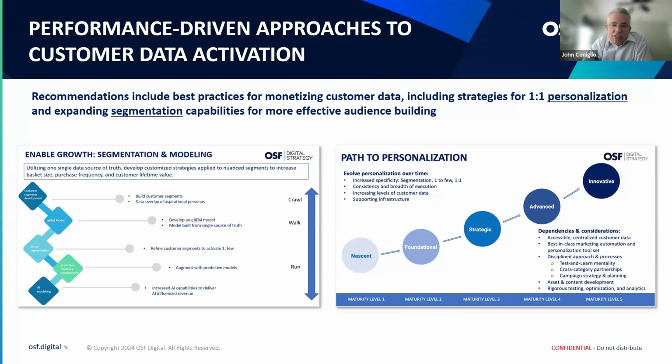So by understanding these unique needs and preferences of different groups of customers, you can optimize marketing strategies to increase customer engagement. To truly enable growth, you need to go beyond traditional segmentation and embrace advanced modeling. So predictive modeling can help identify customers who are most likely to churn, allowing you to proactively engage with them and prevent attrition.